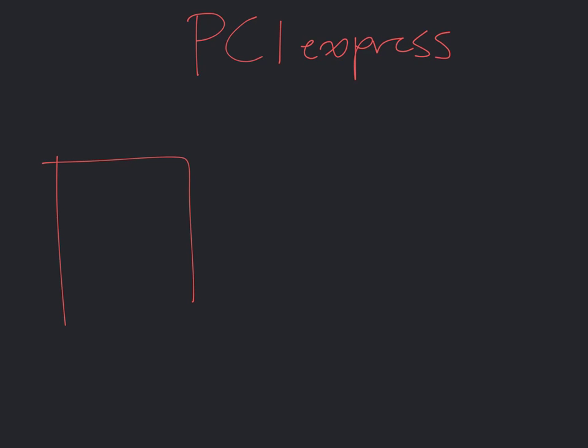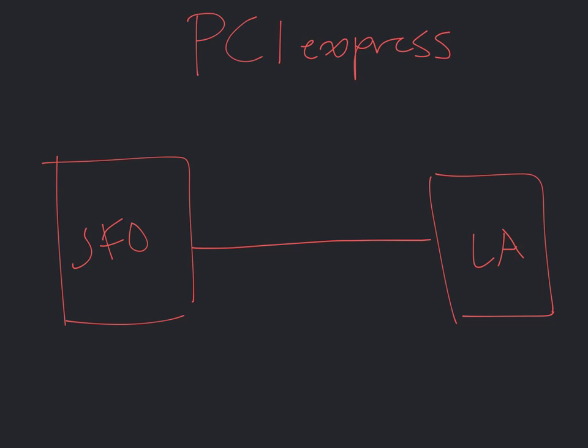Okay, once again, we have our two cities, SFO and LA. So what you can do with PCI Express is, let's say that we have bullet trains this time. And let's have 1 lane from San Francisco to LA.